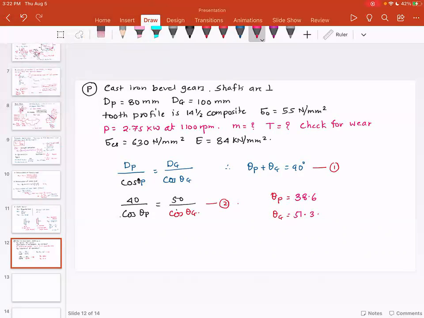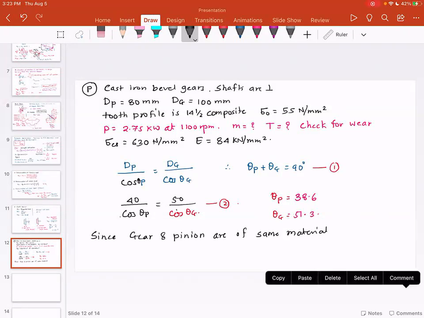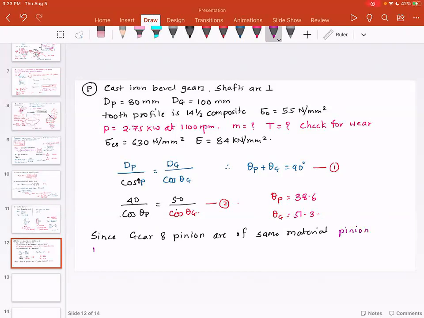Now, since both gear and pinion are of the same material, the pinion is weaker, and the design should be based on the pinion.